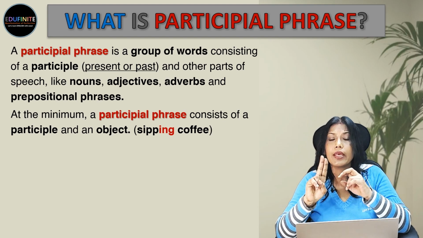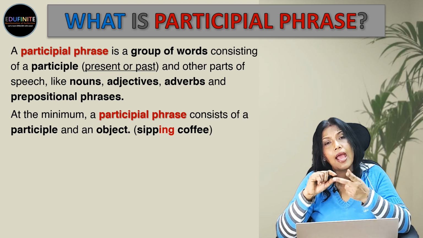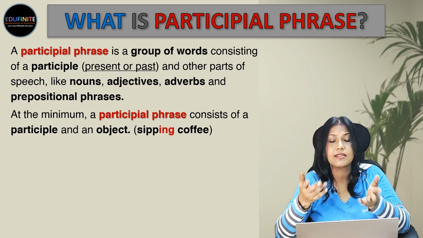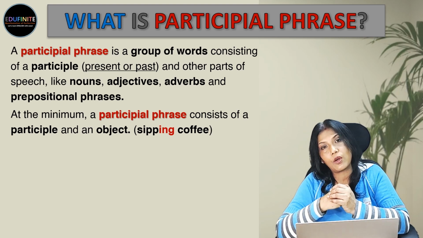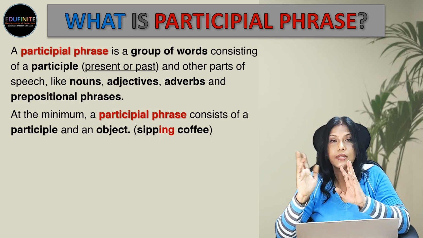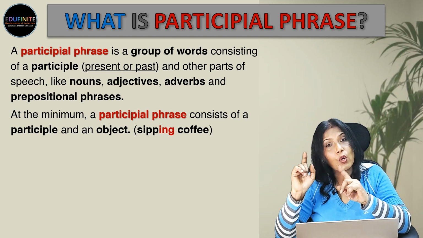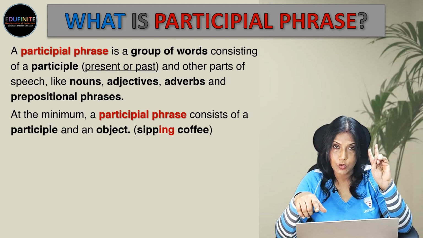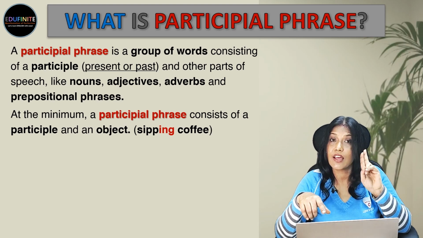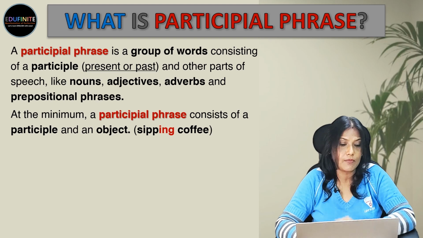So minimum, it has to have two words, like "sipping coffee." I like sipping coffee. Here, "sipping" is the participle and "coffee" is its object. So those two words form the participial phrase. We'll come to why a little later.